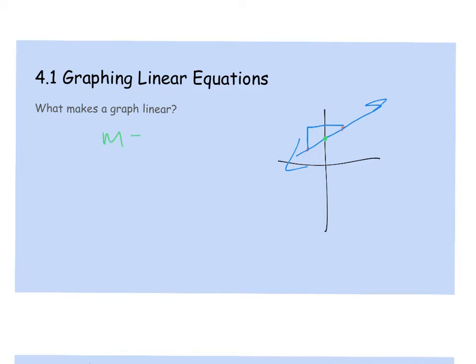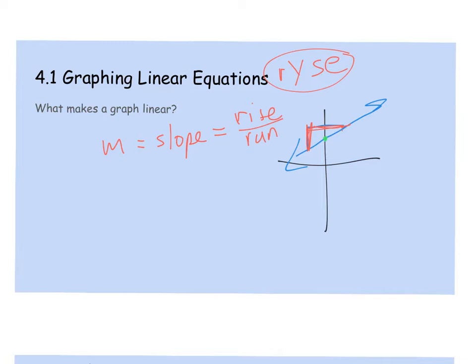So just remember that M is your slope, and slope is rise over run. Sometimes they say rise with a y because it's your y values going up and down, and your run is your x values. But basically slope is rise over run.